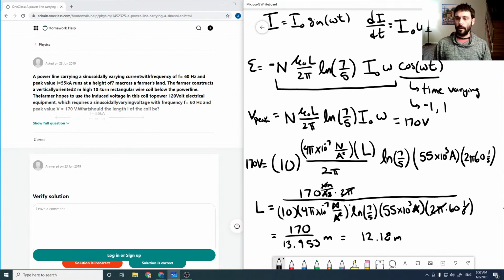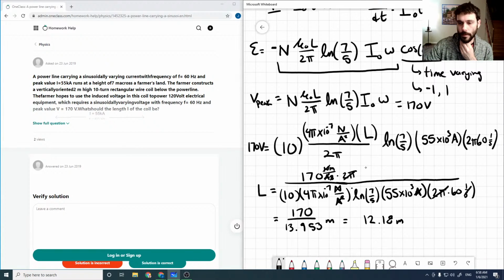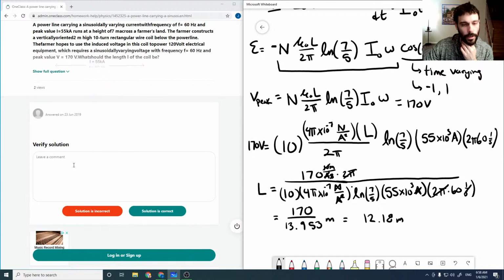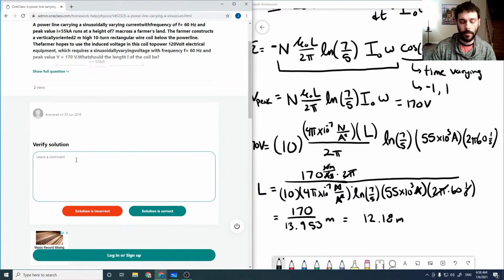So the length of our coil to generate that 170 volts would have to be 12.18 meters. Okay. All right. So then, if we check our solution here, there is none. So it's obviously incorrect. So I guess I'll just say the solution is incorrect.